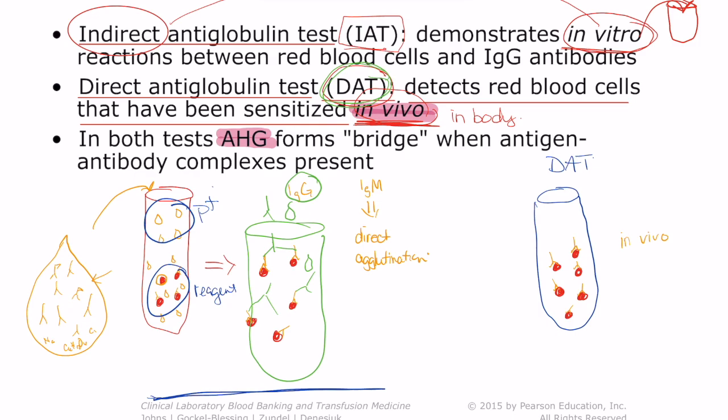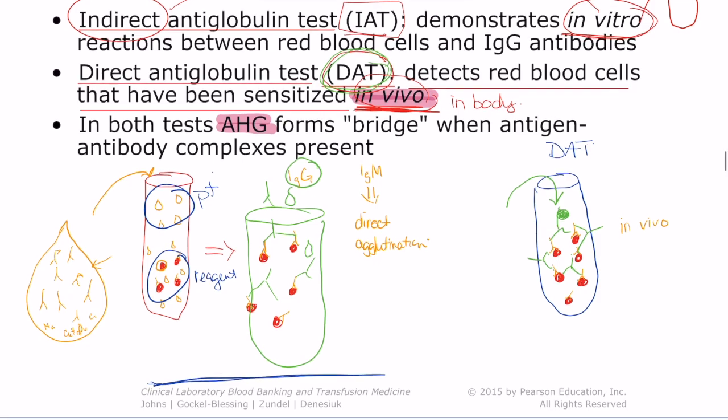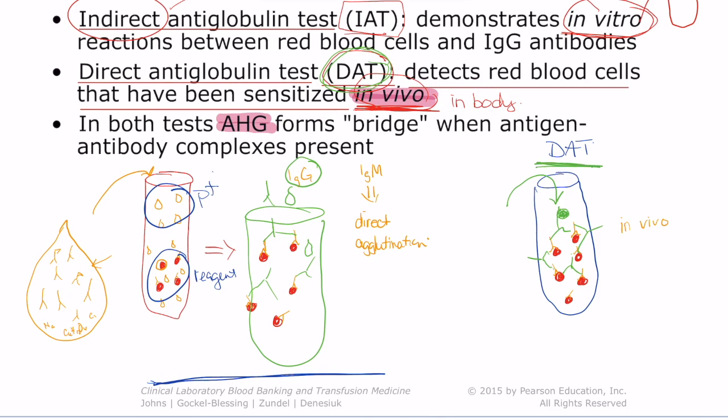But what we do next is we add our AHG reagent. And if there are antibodies on these red blood cells, that AHG reagent is going to bridge those for us. And so we see that agglutination. Okay, that's our DAT. Again, we're going to go over this more.